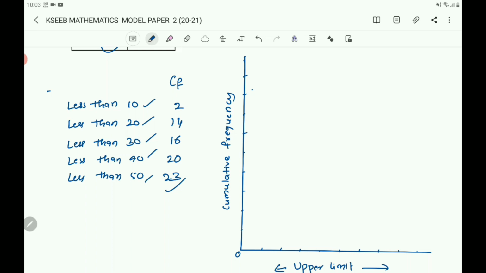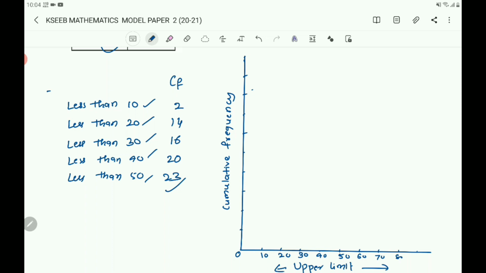And you take the suitable scale. Here you write 10, the upper limit that you have to write here. 10, 20, 30, 40, 50, 60, 70, 80, like this way.